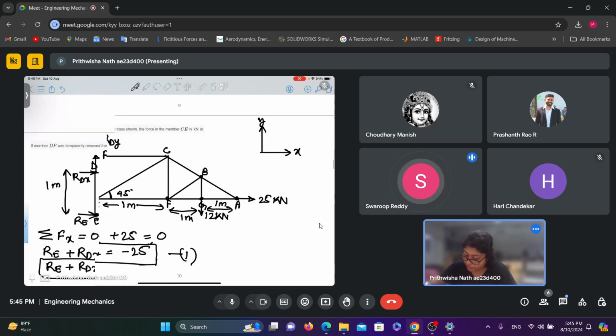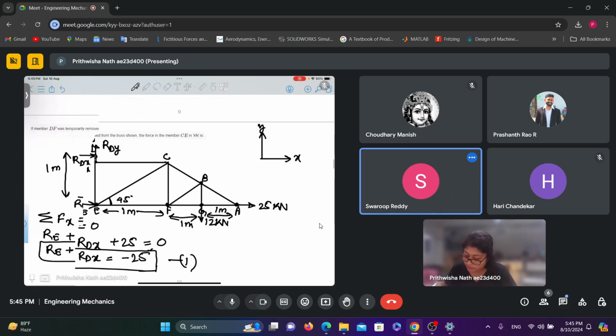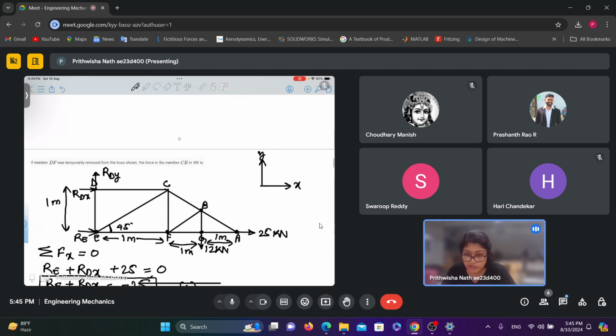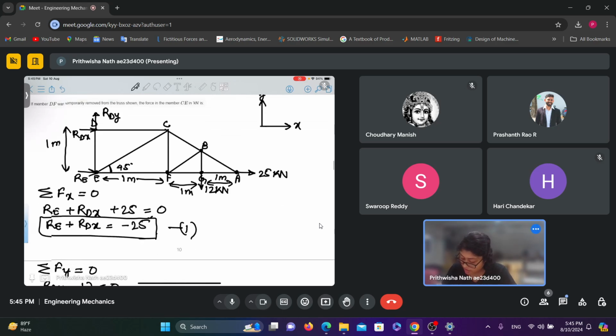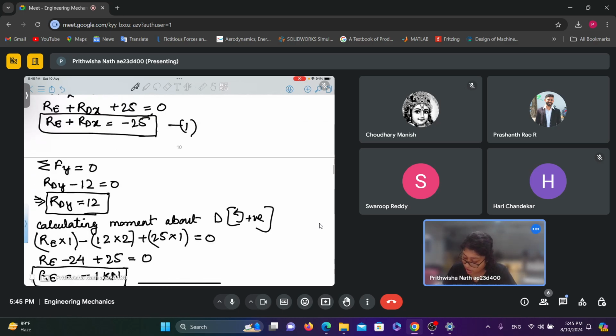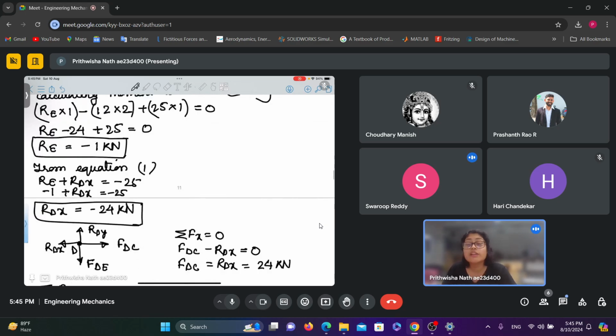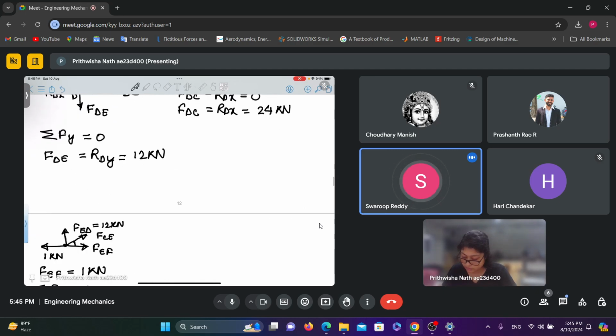From this problem, the horizontal component is RDX, right? We got the value of RDX to be minus 24 kilonewton. Is it zero? No, right? From the equilibrium condition, you need to figure out the value. You just cannot assume that it will be zero directly. Okay.